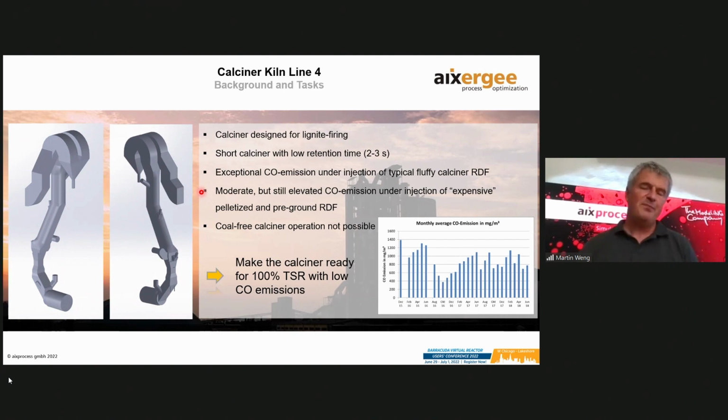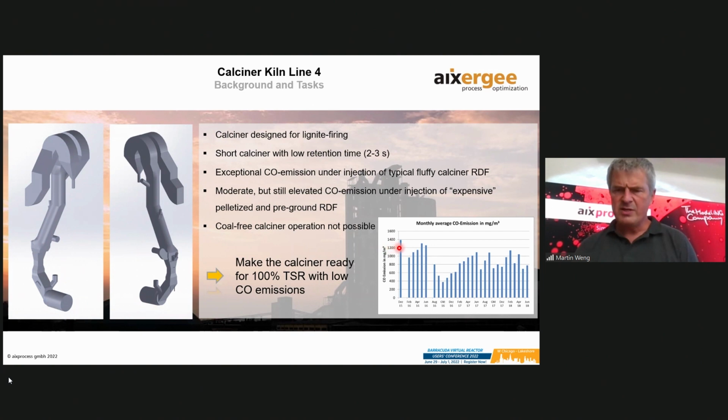And still, when the plant applied a more expensive fuel, that is a pre-ground and pelletized RDF, they still had elevated CO emissions, as you can see from the picture here.